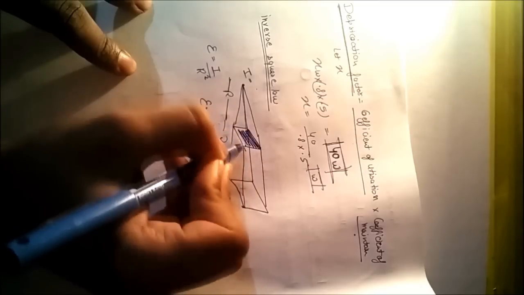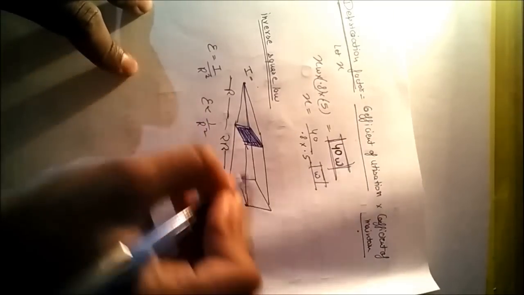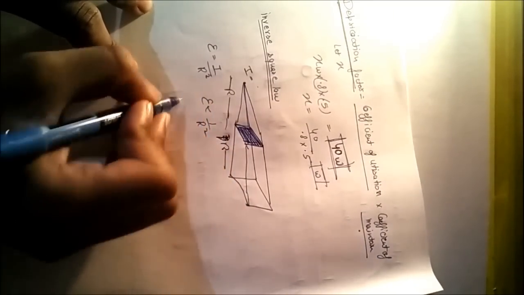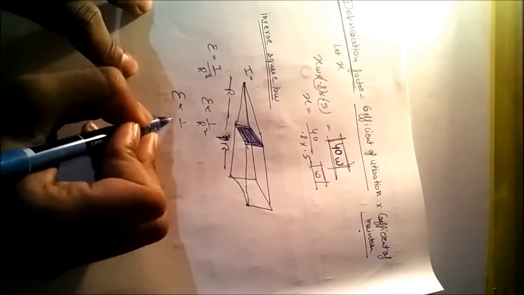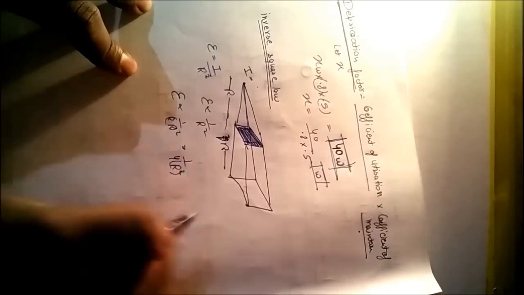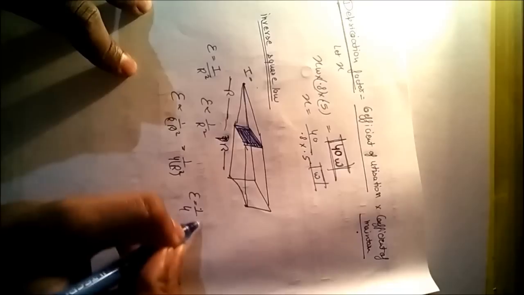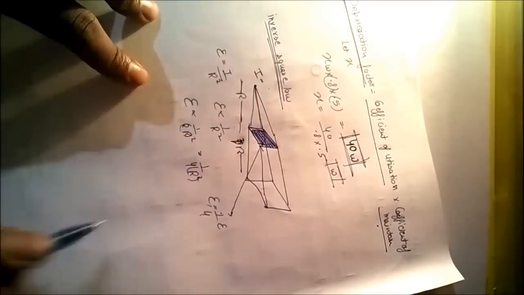If R is the distance and E is the illumination, then at 2R distance, E will be 1 upon 2R square, that is 1 upon 4R square, which means E will be 1 by 4th of the original E. So that is the inverse square law.